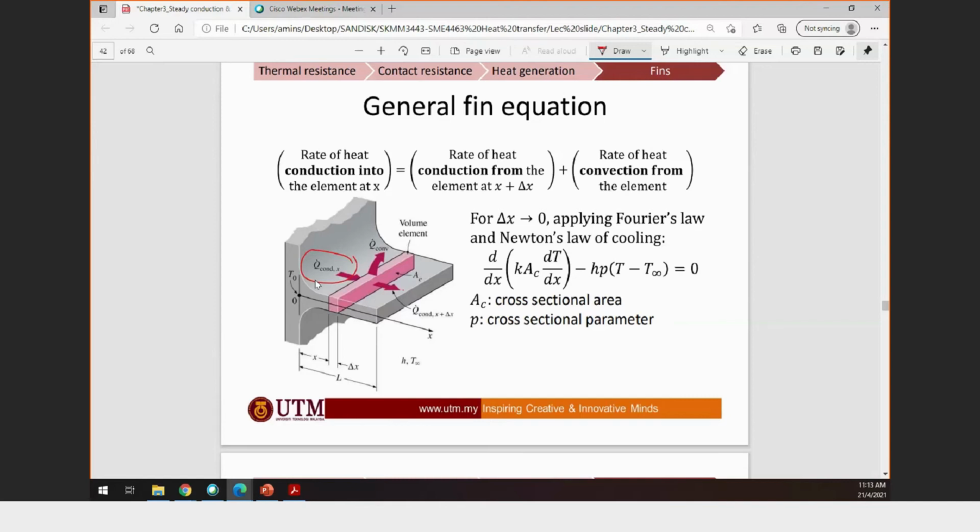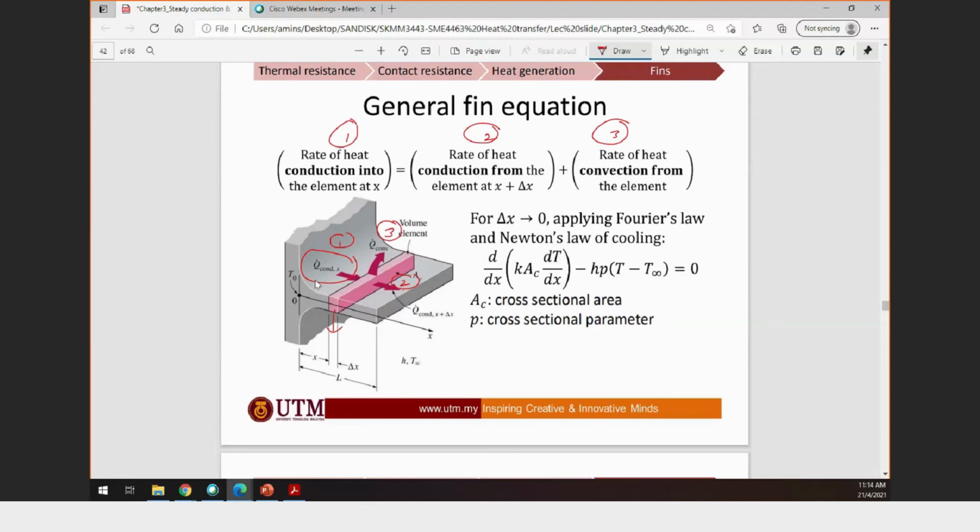Let's say this is term one, equal to the heat conduction on the other output side, plus heat transfer due to the convection at this particular element. Actually, you may have another heat at the downside, but we just say that it is a combined effect. So 1, 2, and 3.